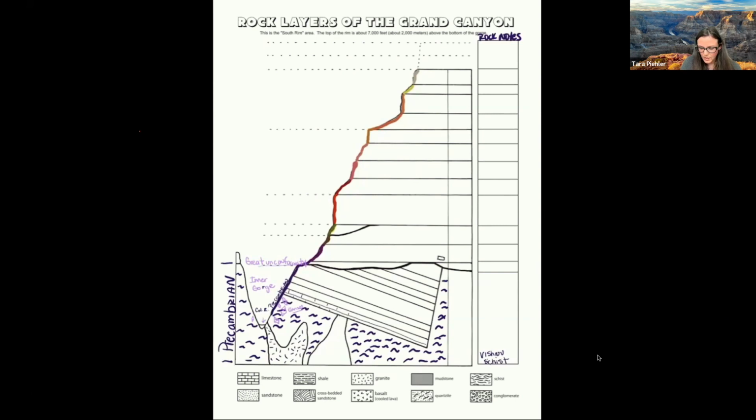All right, so we got some limestone in here. And if you become a geologist, you will have to memorize these layers for sure. You got some shale in here. Shale's that thin layer stuff, right? You got some sandstone, and with sandstone, we'll put little dots of sand everywhere, right?